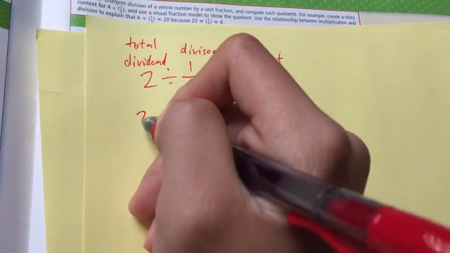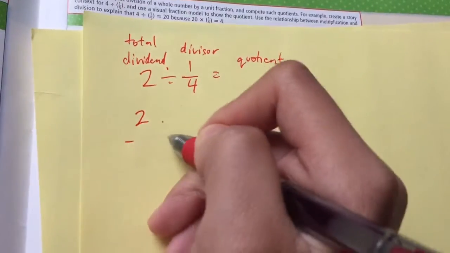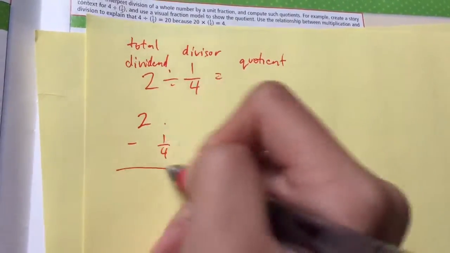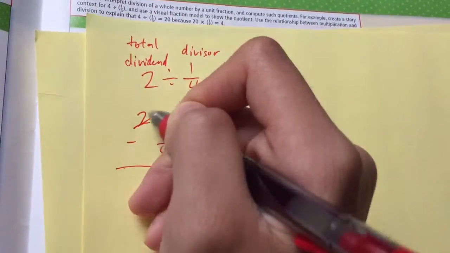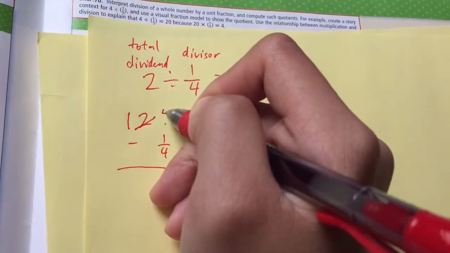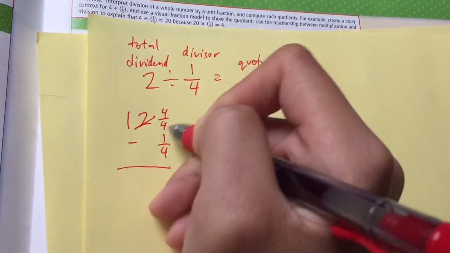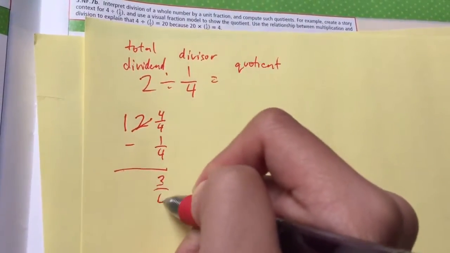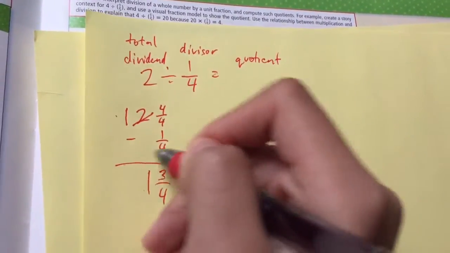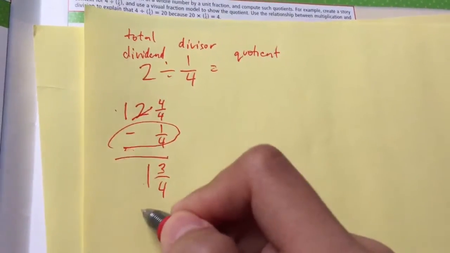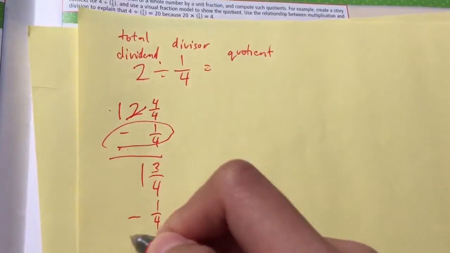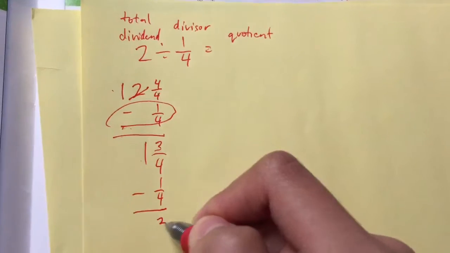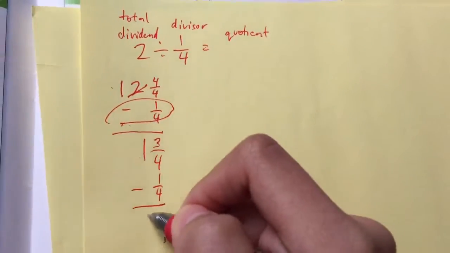So let's start with 2, and let's repeatedly subtract 1/4. 2 minus 1/4. Since there's no fraction here, we're going to regroup. We're going to use 4 out of 4 as our total because that's the same denominator. 4 minus 1 is 3/4. 1. So we're able to subtract it 1 time. Minus 1/4 again. 3 minus 1 is 2/4. 1 whole.